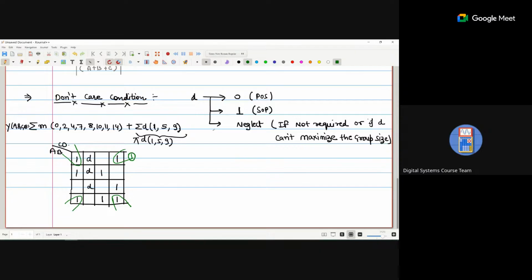Now you can check this one. Maybe create a group of this one. This is two. This will create a group of this one. So this is three.